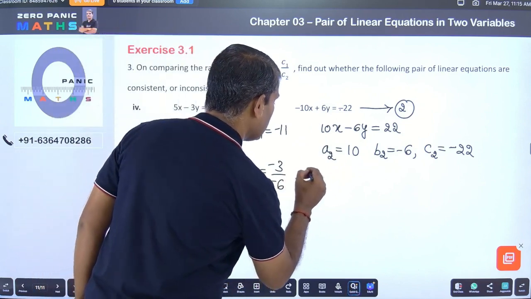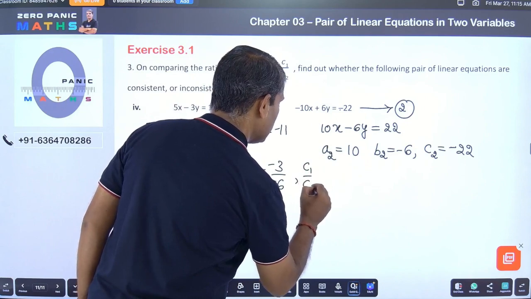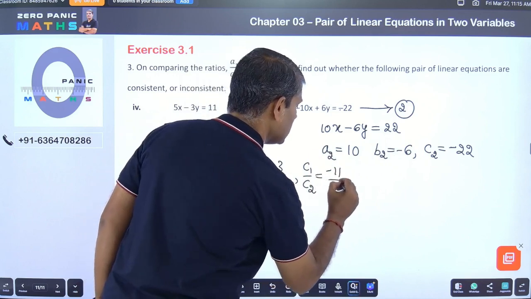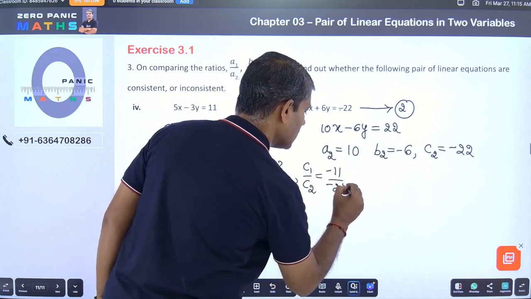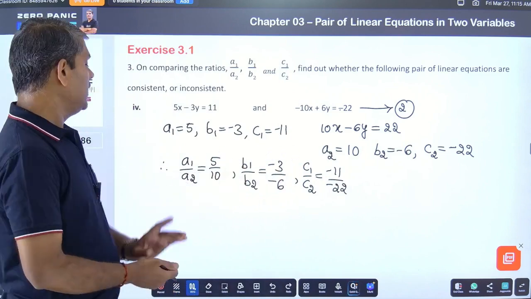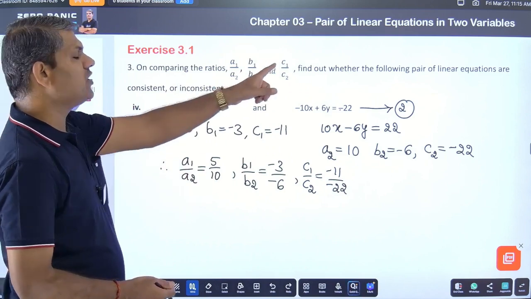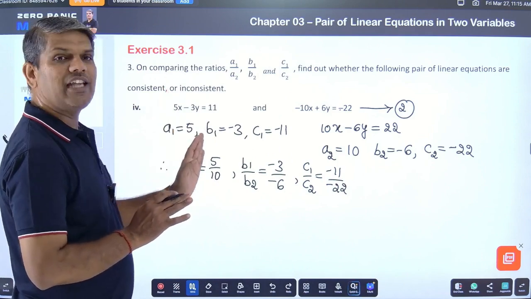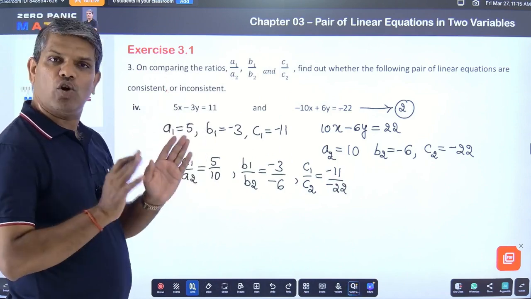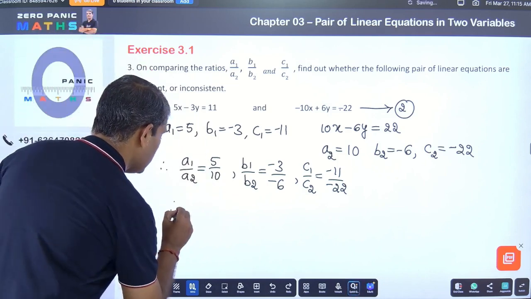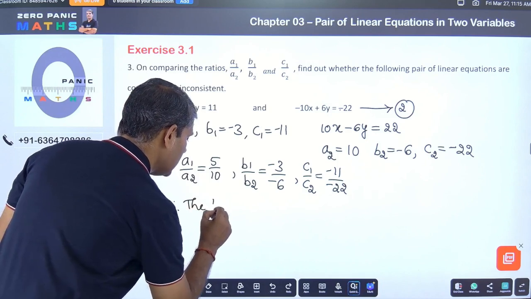And what is c1 by c2? c1 by c2 is minus 11 by minus 22, that is also 1 by 2. So all are equal. If all these ratios are equal to each other, then the lines are coincident lines, and coincident lines are also consistent lines.